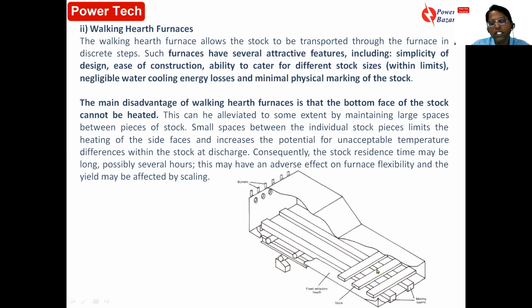Now this process is repeated, because this hearth is moved, and you get the material out in the discharge line. So by moving the hearth, you can get the material in and out. Therefore, it is known as a walking hearth furnace.